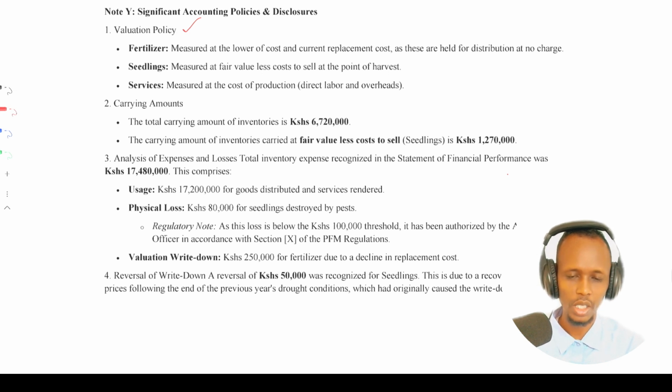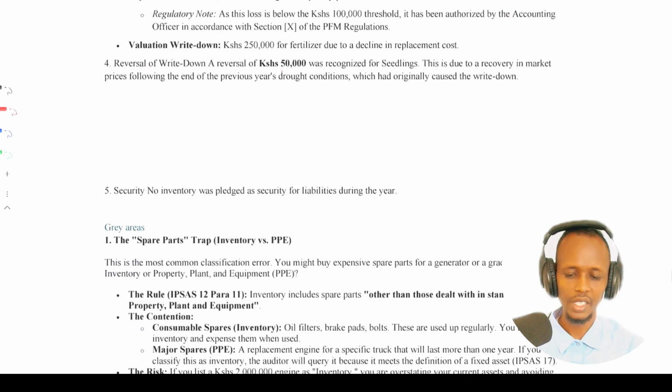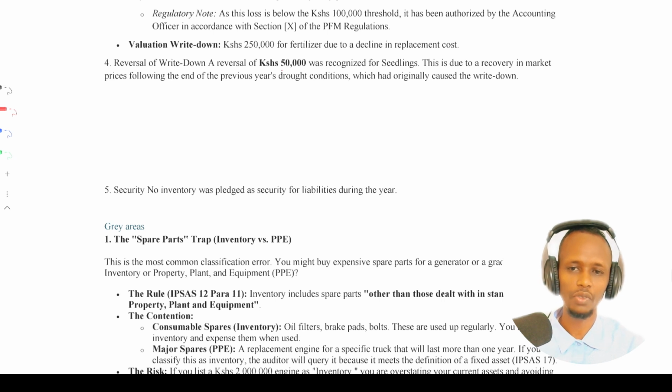The usage was 17.2, the physical loss is 80,000, the valuation write-down is 250, and the reversal of write-down is 50, and this gives us a total of 17,480. And then after this is whether you used that inventory as a security. So you say no inventory was pledged as a security for liability during the year.